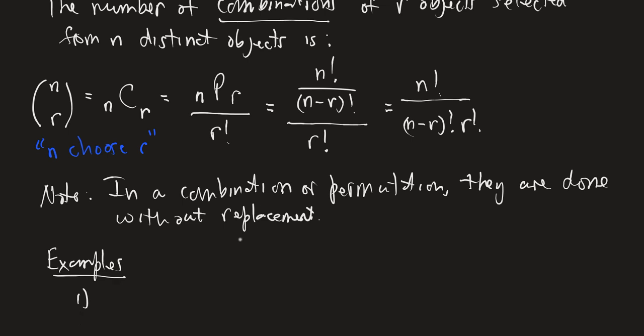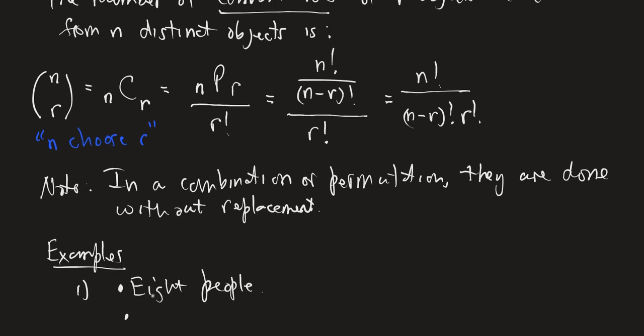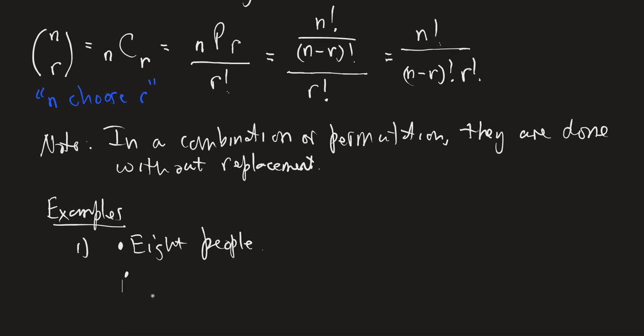So we have 8 people. So here's a summary. We have 8 people, and what we want to find out is how many 3-person committees can be formed out of the 8.